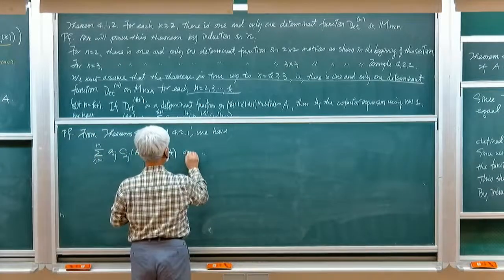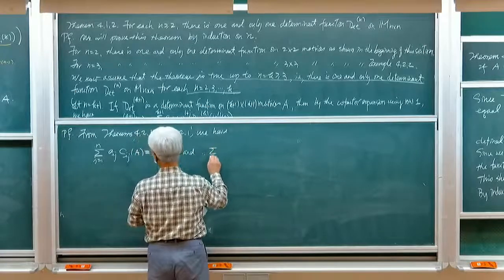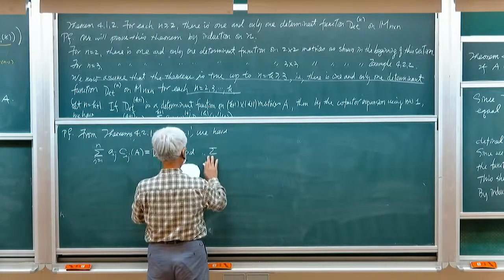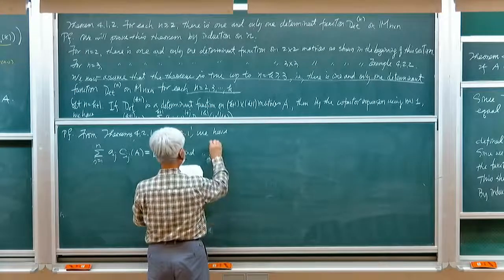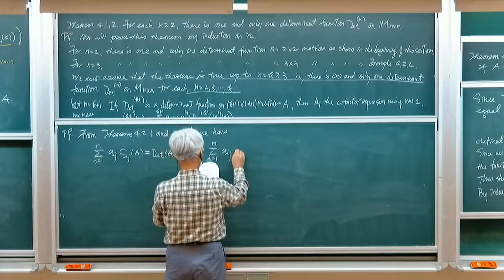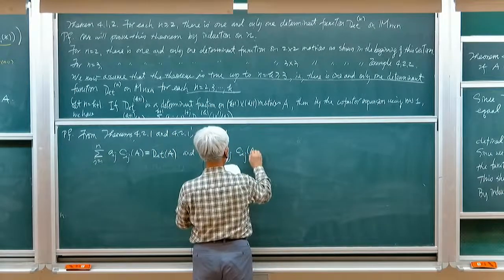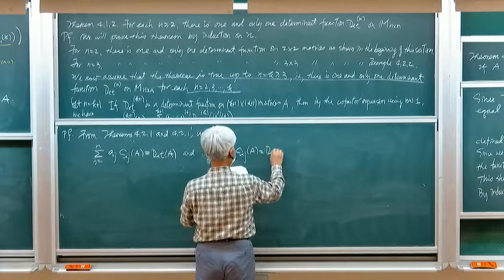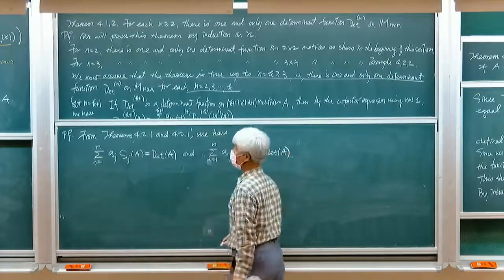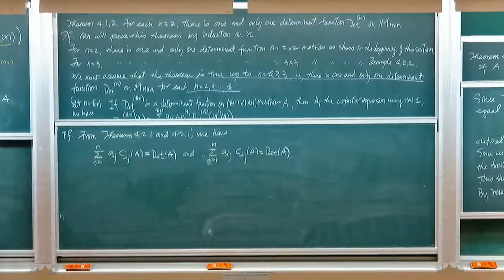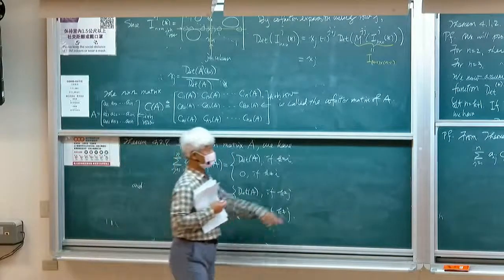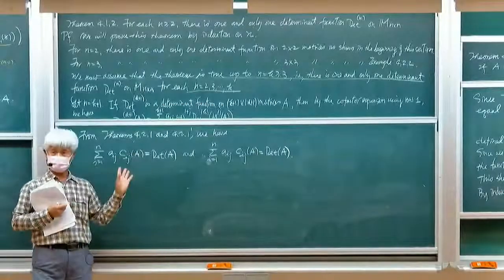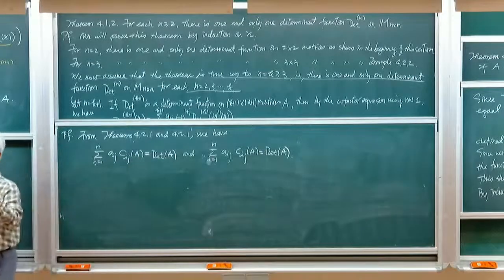And by expansion using column j, the sum of a_ij C_ij is also equal to the determinant of A. Okay, so the first two, this one and this one, are from these two theorems, which are cofactor expansions using row or using column.